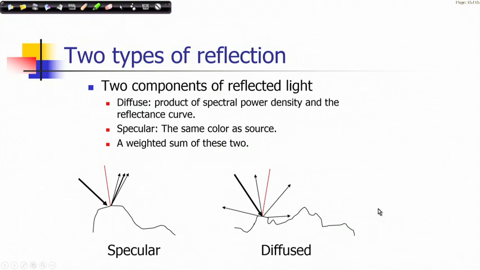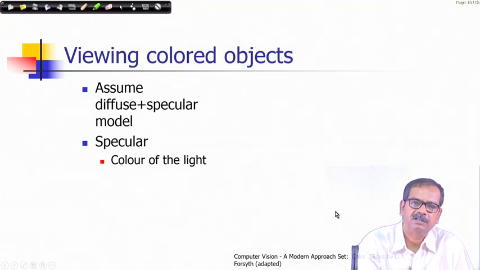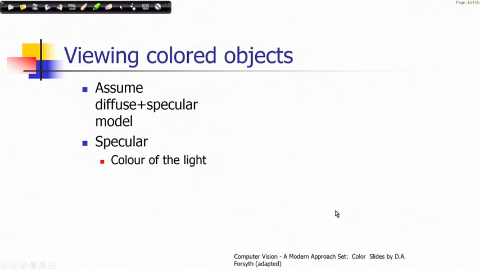So, when we record color, the intensity values or received energy at a point, we are actually recording a weighted sum of these two. So, let us assume this diffuse plus specular model. As I mentioned, it is a summarization of what I described in the previous slides.